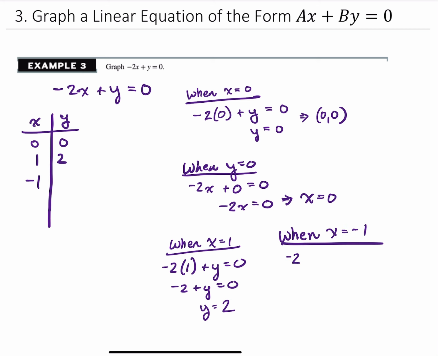So that will give me positive 2 plus y equals 0. Then I would subtract that 2 over, y equals negative 2. So I should have the point negative 1, negative 2. Let me make this a little smaller so we can have some space here for our graph. So I got 3 points we can work with. Let's plot these.